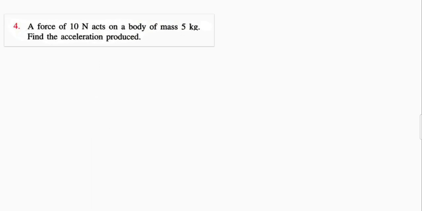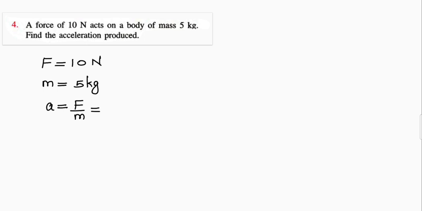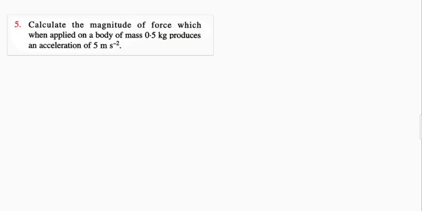Similarly, force is 10 newton, mass is 5 kg, hence acceleration will be equal to F upon m, that is 2 meters per second square.